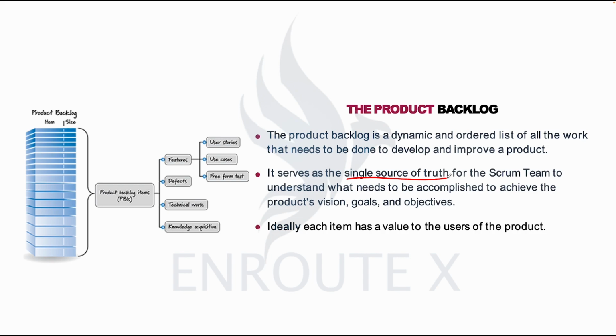A good product backlog should achieve that. So it serves as a single source of truth for the Scrum team to understand what needs to be accomplished to achieve the product's vision, goals, and objective. We'll break this further down when we get to the practicals.